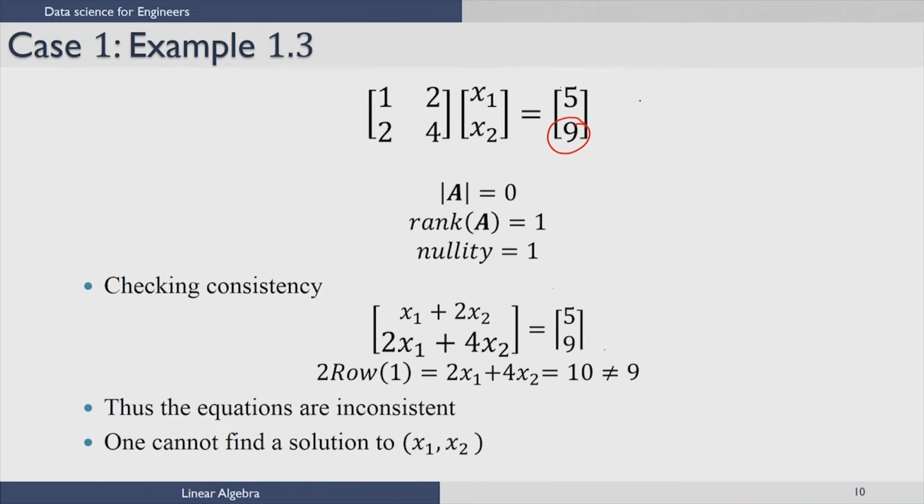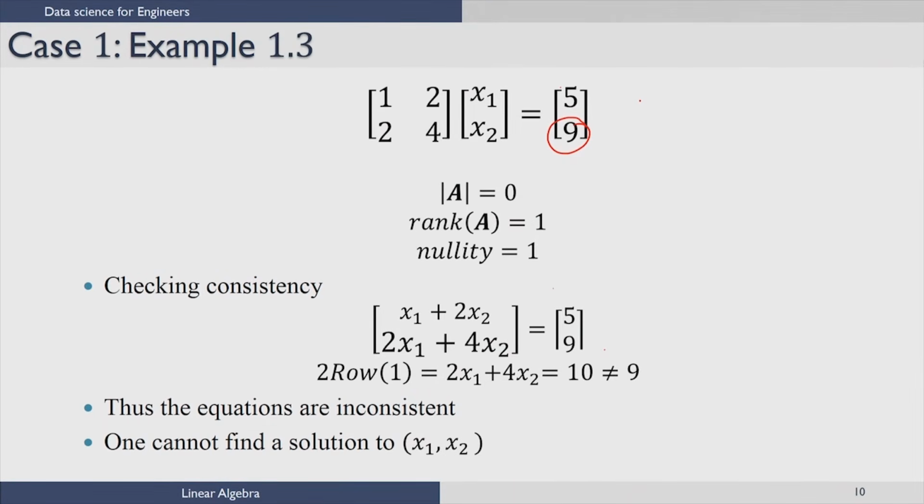However, if this number was anything other than 10, then what it basically means is that while the left hand side will be linearly dependent, where the second equation will be twice the first equation, the right hand side will always be inconsistent if this number is not 10.